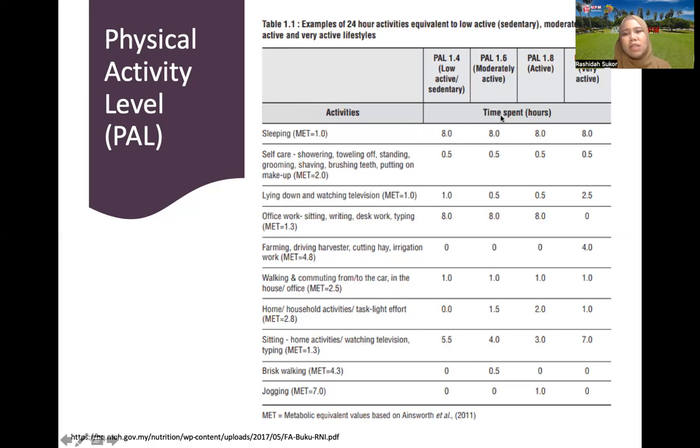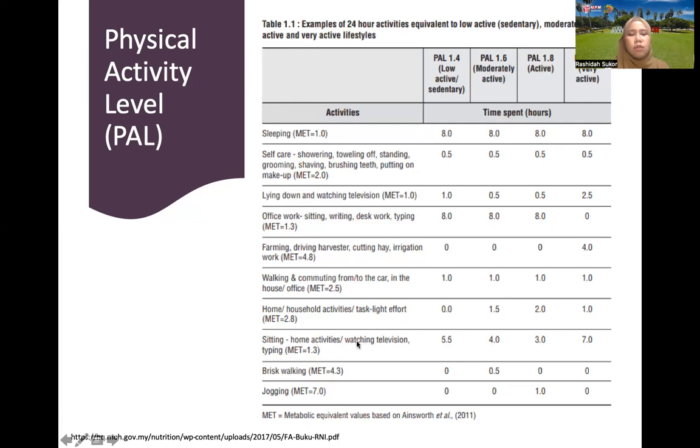This number is actually the time spent. Lying down and watching TV, office work, sitting. This very active person doesn't do office work, sitting, writing, desk work or typing, so 0 hours. Farming, driving, cutting hay, irrigation work. Because this person is very active, they spend 4 hours doing that.